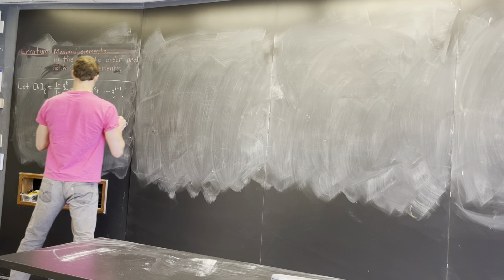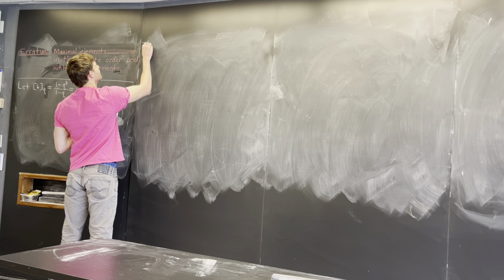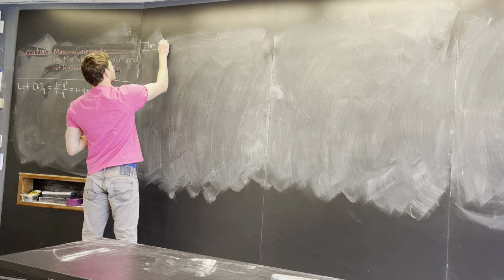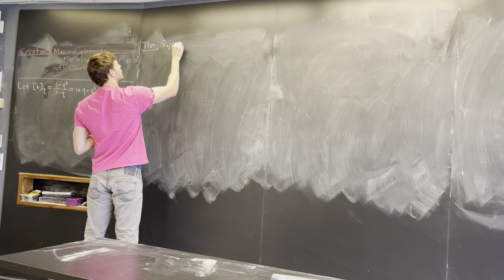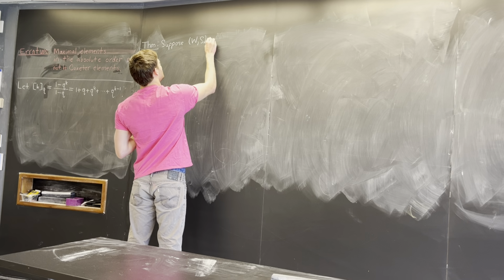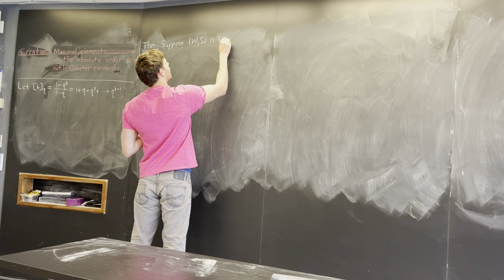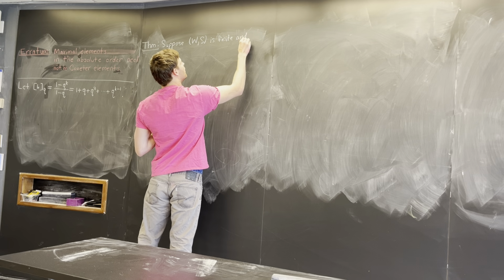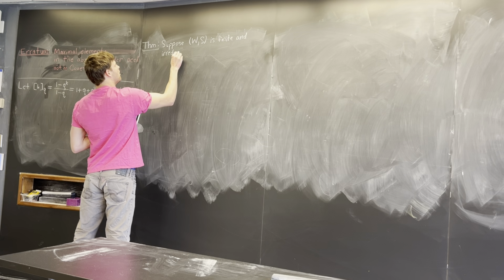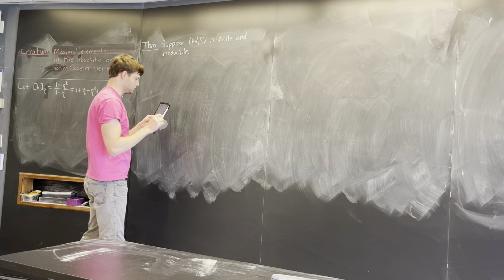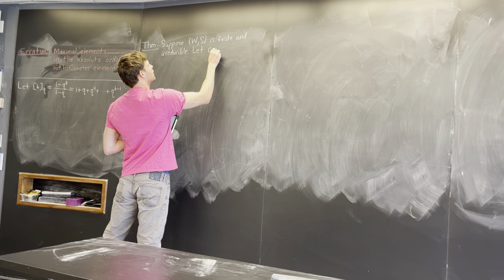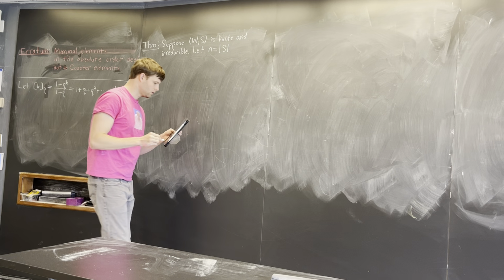Okay, so let me do this here. Theorem. Again, let's suppose that (W, S) is finite and irreducible, and let n be the number of simple reflections.